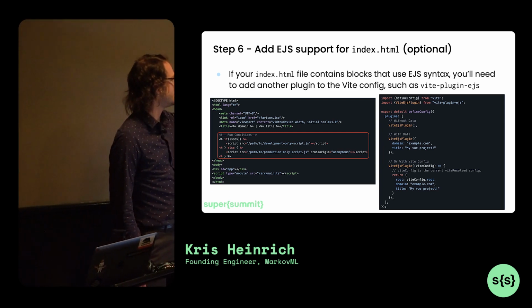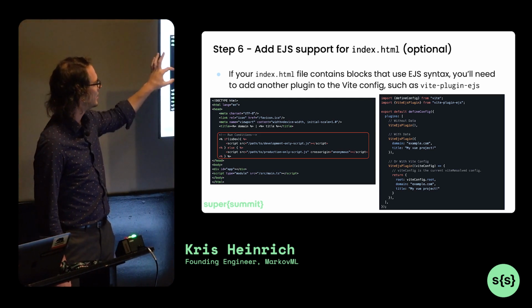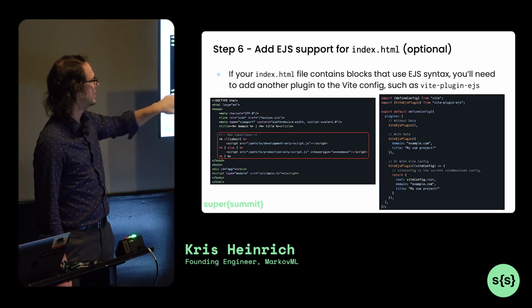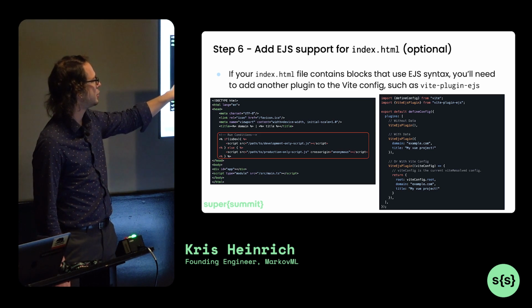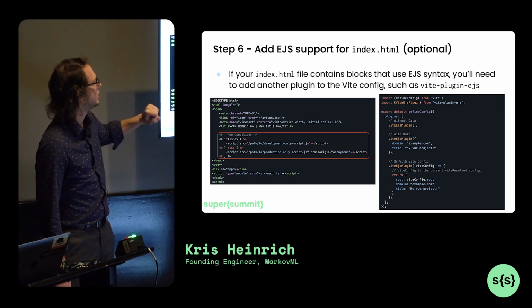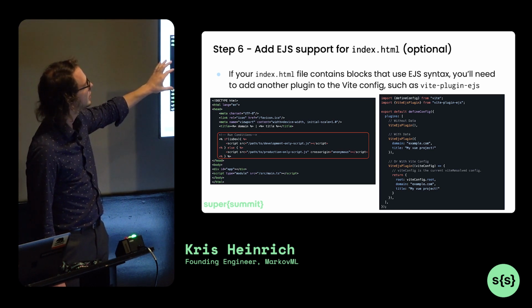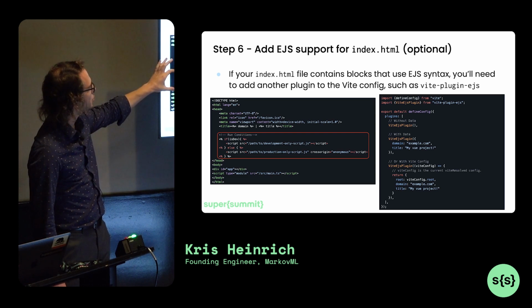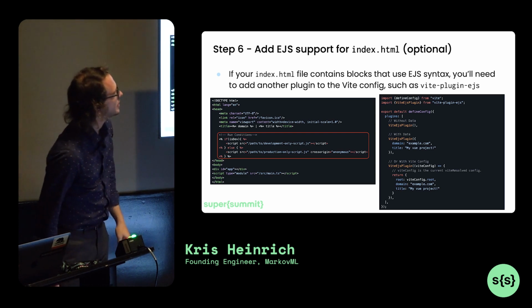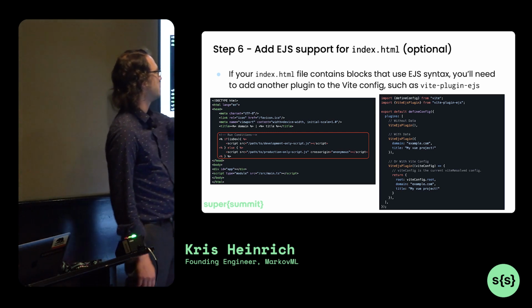There are these if-else template interpolated things, and what this is doing is conditionally including a script for the development environment or for production. That templating obviously is not part of HTML. So to get support for this syntax, you can install this Vite plugin EJS, and this is the example from their docs.